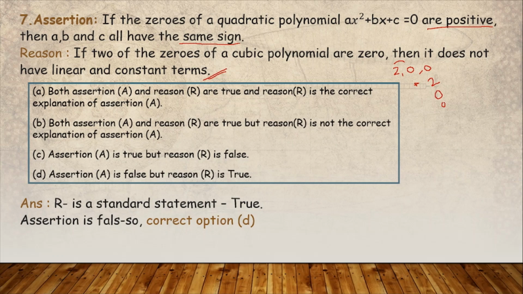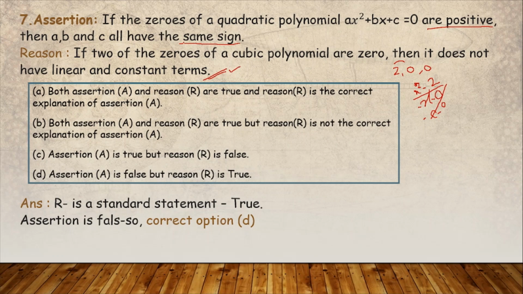The sum of zeros gives the coefficient of x square, the sum of products gives the coefficient of x, and the product gives the constant. So these two will not be there. That is, the linear term and constant term will not be there. Only the x square term will be there. So the reason is true.